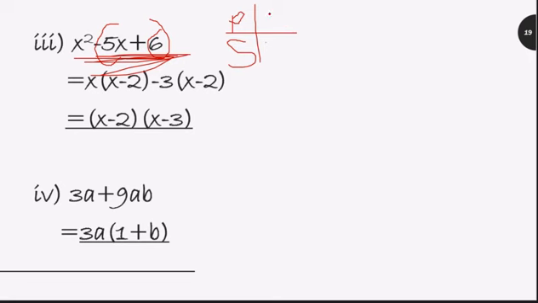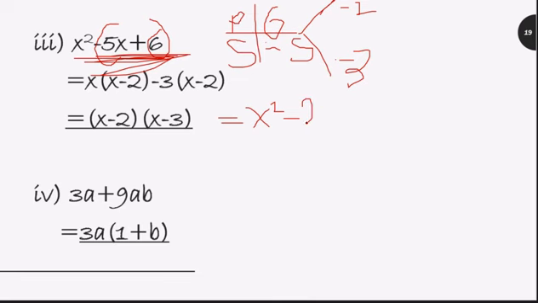So here we write them like x squared minus 2x minus 3x plus 6.